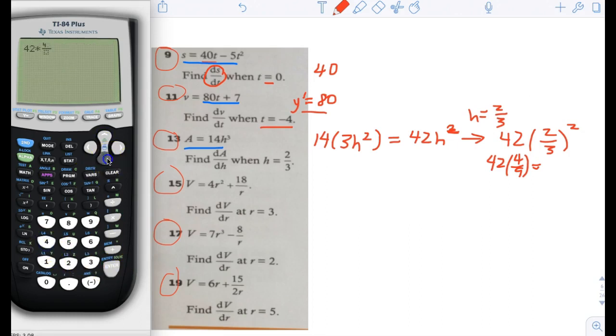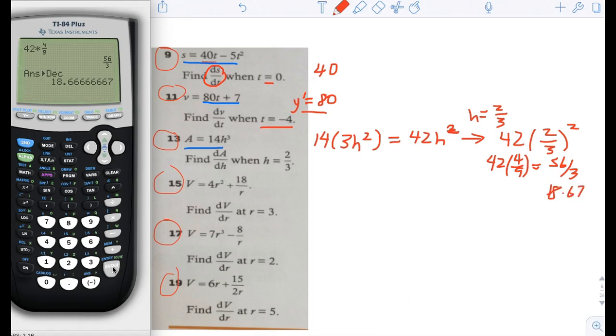If I do this, then I don't need to worry about parentheses, so it's very handy. And the answer is 56/3. If I did it with the calculator, it would probably give me the decimal value. And if I wanted to find the decimal value of 56/3, I could do that by changing it into a decimal using this option here: 18.67.